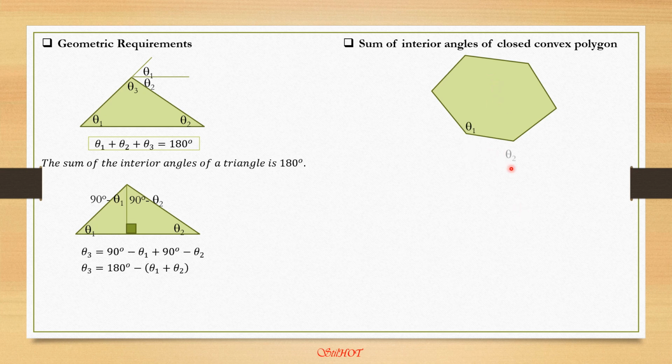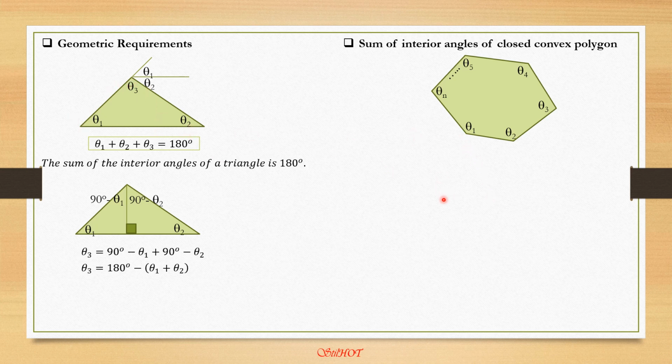So we will denote the interior angles as theta 1, theta 2, theta 3, theta 4, theta 5 up to theta n. Let's imagine that there are n sides, n corners, and therefore n interior angles. So the analysis is for a triangle, the sum is 180 degrees.